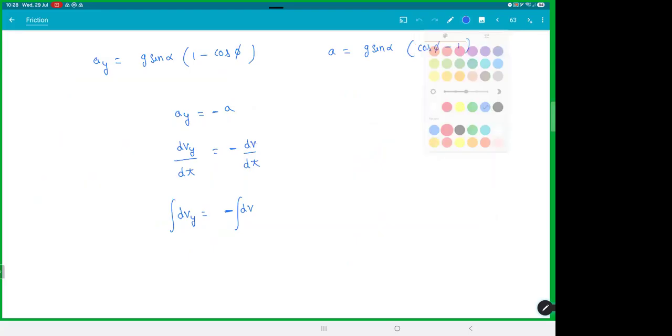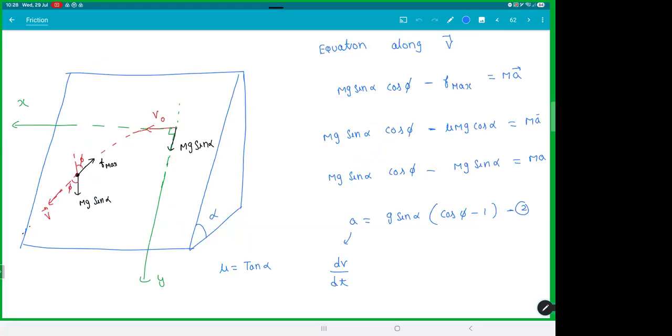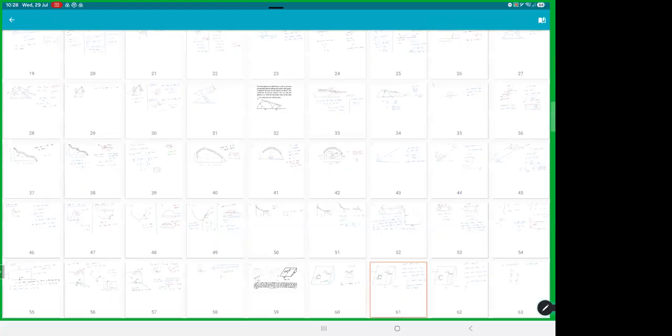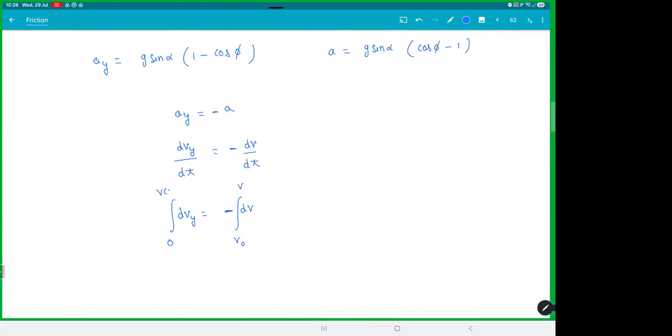So the limits will be from v naught to v, and for this one the limits will be 0 to the vertical component, which is v cos phi. So this will give you v cos phi is equal to minus v naught. Bring it that side, and then you'll end up with v is equal to v naught by 1 plus cos phi.